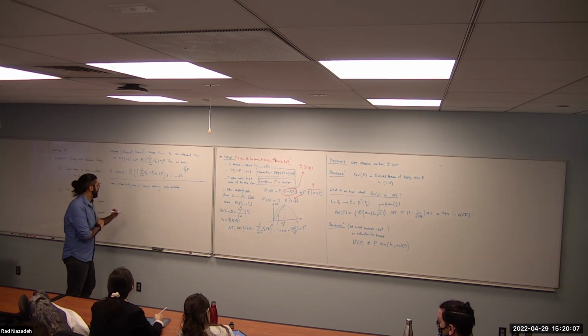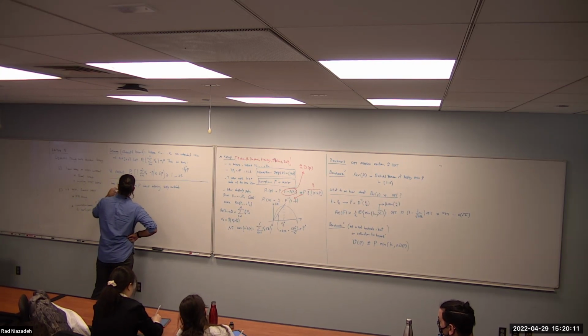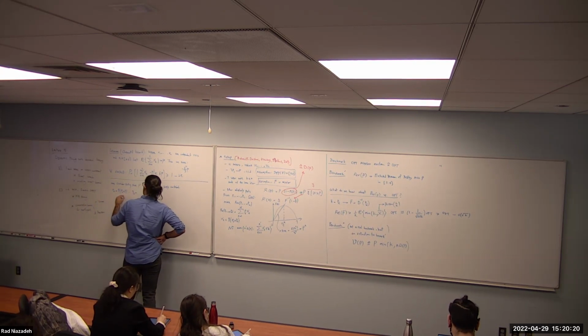Define xt to be the indicator that Vt is greater or equal than P. Then we have Qt to be the demand at this price.